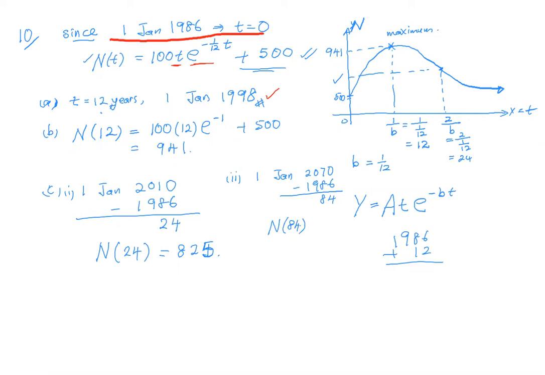Can I have the answer? 507, 508, sorry. 508, rounded off. So that means there is a horizontal asymptote here at 500. It will not go below 500. Am I right? Yeah. Okay.